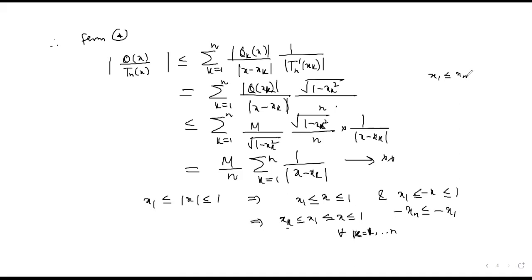So I would have xn minus xn is less than equal to minus x1, which would be no. Let me fix what I just did. This is fine up to here.